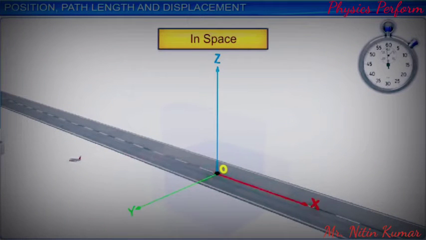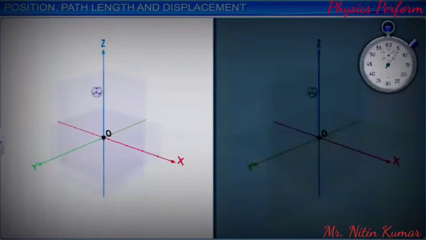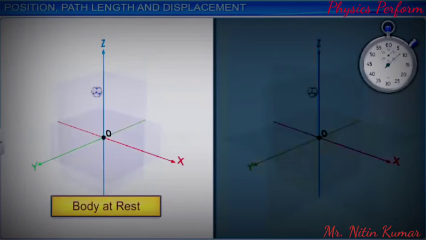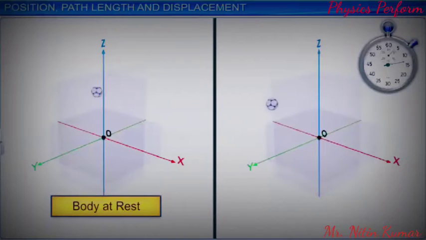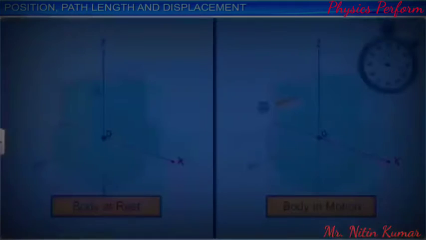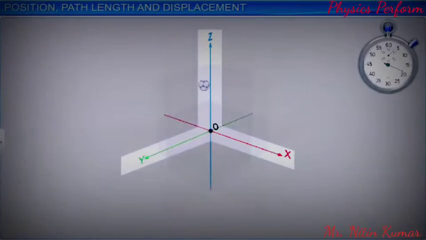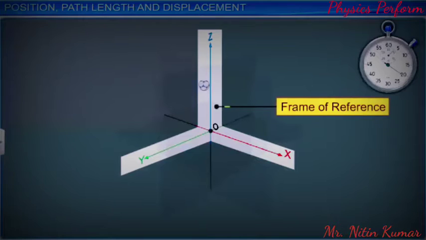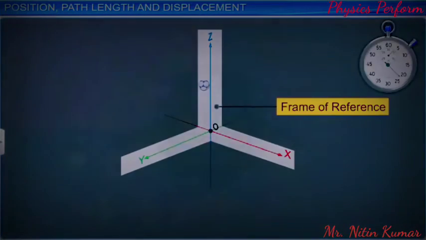When the coordinates don't change with time, the body is said to be at rest with respect to the frame of reference. Rest and motion are relative terms and are always specified with respect to the frame of reference. A simple example of a car moving on a straight road will make this concept clear.